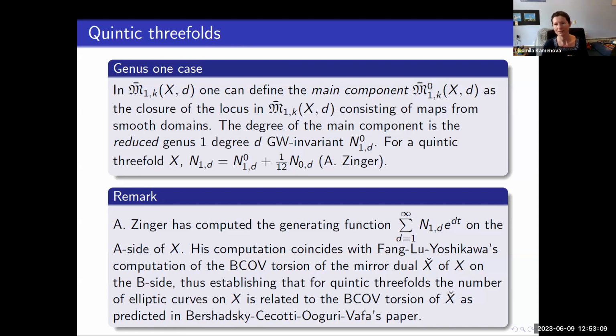But you can take a singular elliptic curve, maybe with a nodal singularity, then it's a rational curve, a genus zero curve. So in this understanding of stable maps, it does count elliptic curves.